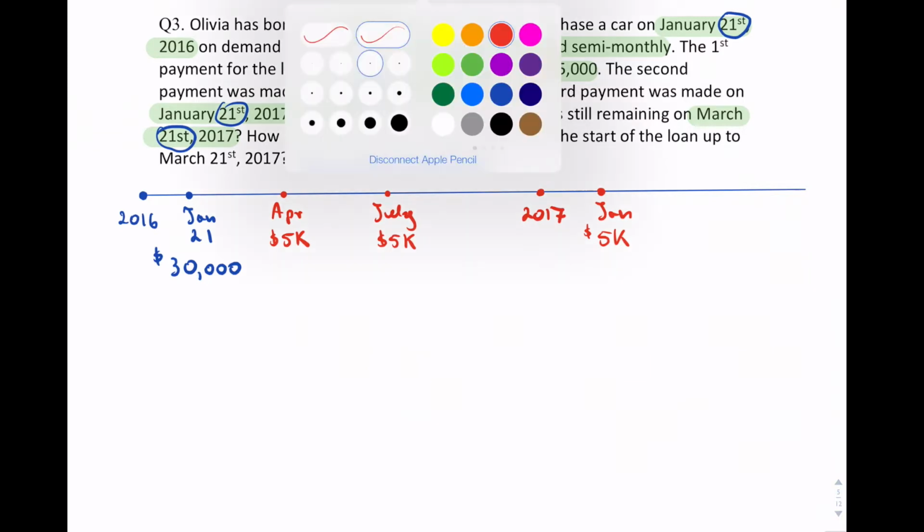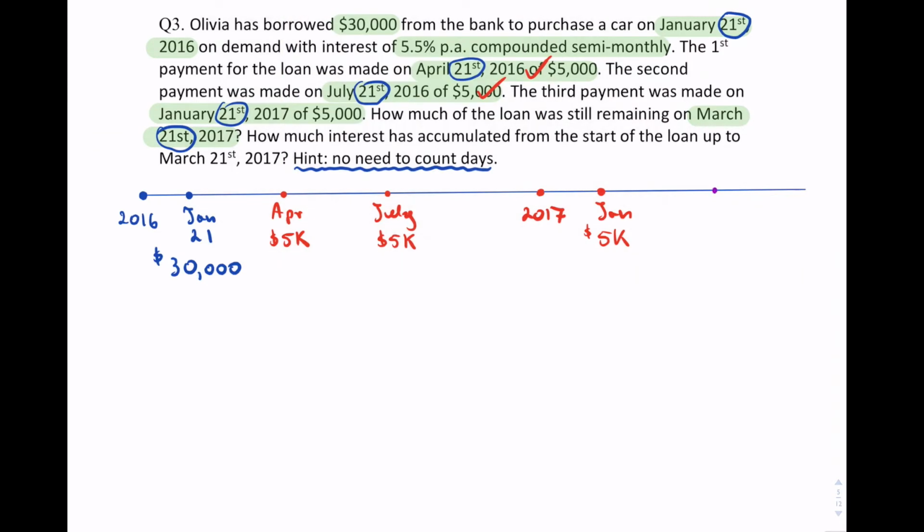And now we want to know what it will be in March. Now it is an on-demand loan, so what we can do is simply move it.